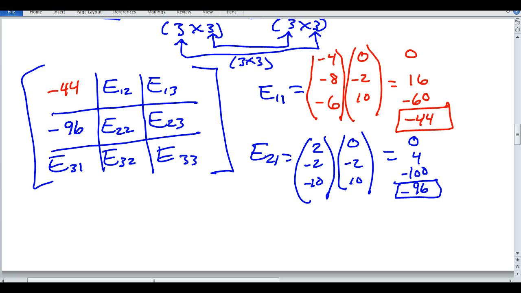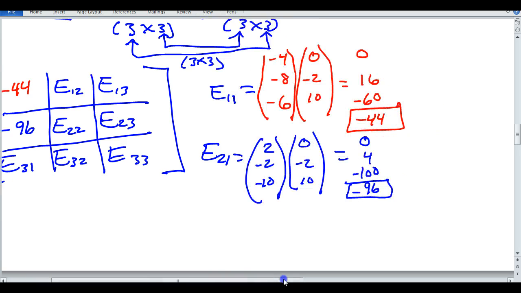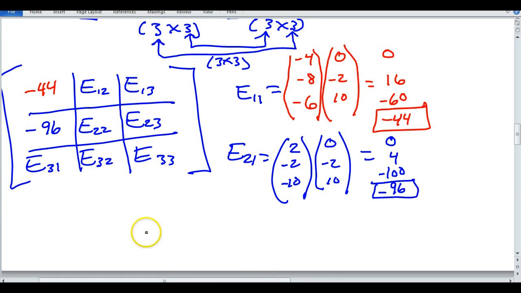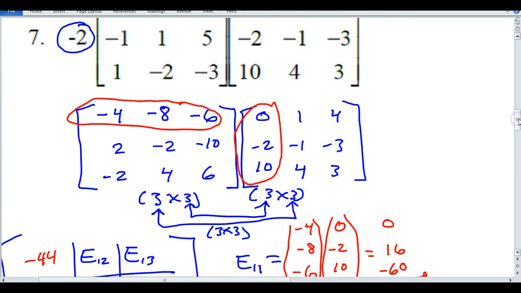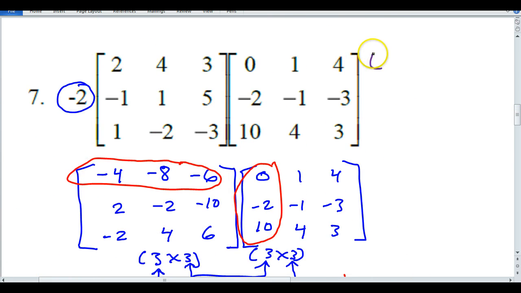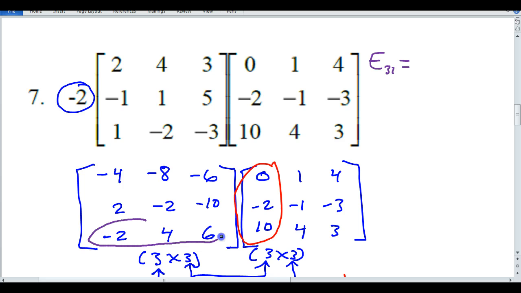Okay, let's go for another one. Why not? This is crazy. Alright, so I'm doing element 3,1. That is row 3, column 1. Row 3 is negative 2, 4, 6.